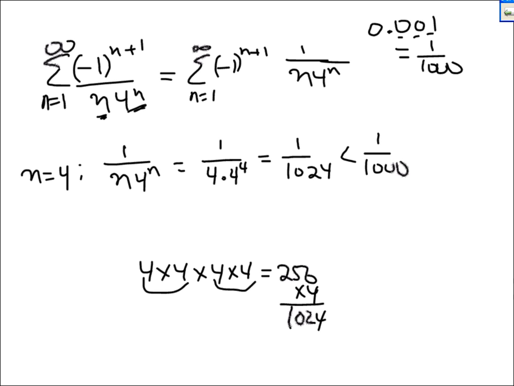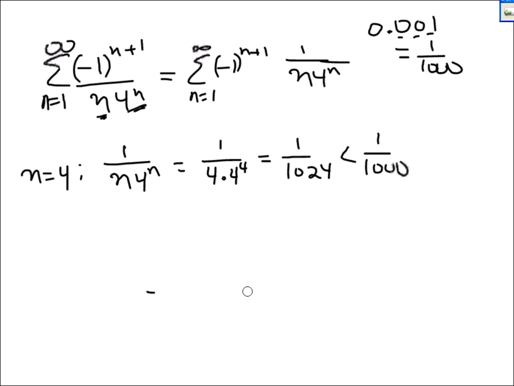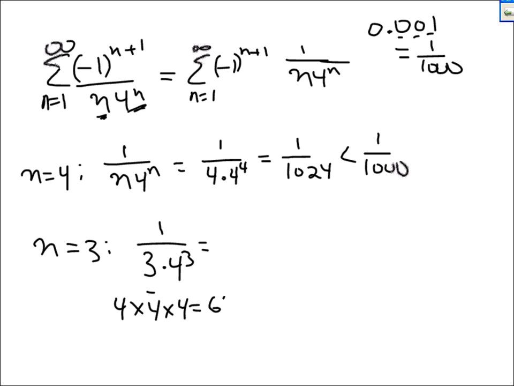Now since you don't want to add too many terms, you might want to try what happens when n is the number 3. And I'm fairly confident it won't work. We have 1 over 3 times 4 cubed. 4 times 4 is 16 times 4 is 64.